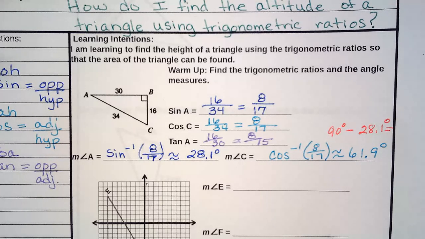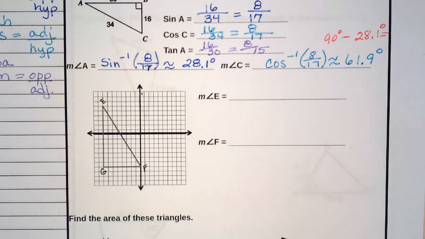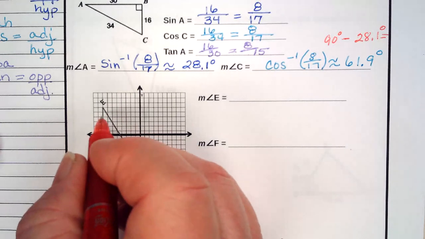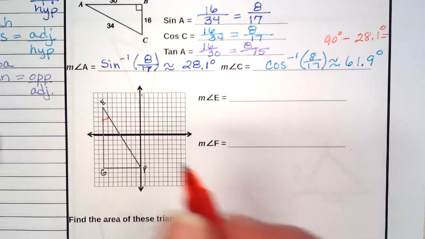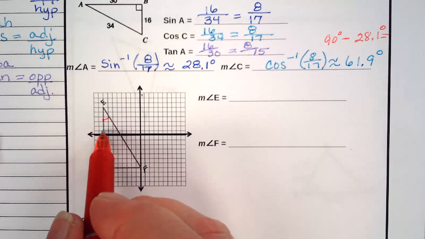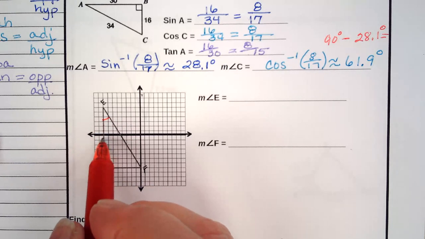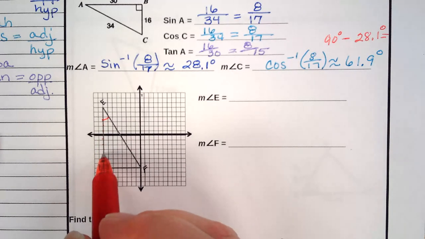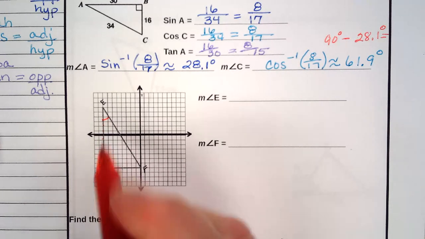Okay, you've got two more angles to find. Angle E and angle F. How do I find the length of a side? Well, that's easy. You count the boxes. So if I'm looking for angle E, I've got 1, 2, 3, 4, 5, 6, 7, 8, 9, 10, 11, 12.